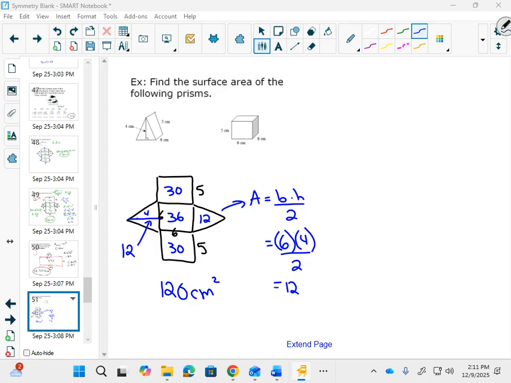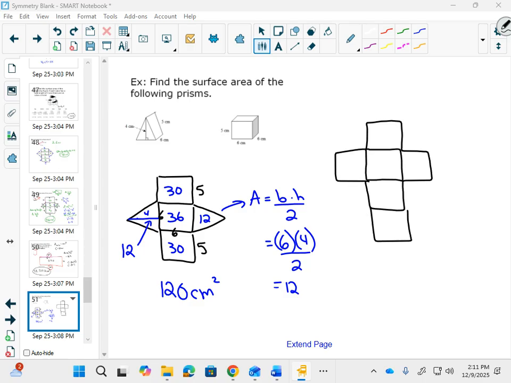The second one. When you open it up, did you get all 6 of those sides? If I'm making this 6 and 6, this was 5, that would make this 5 and 5. This would be 5, 5. And this one is 6 and 6. And this would be 6.